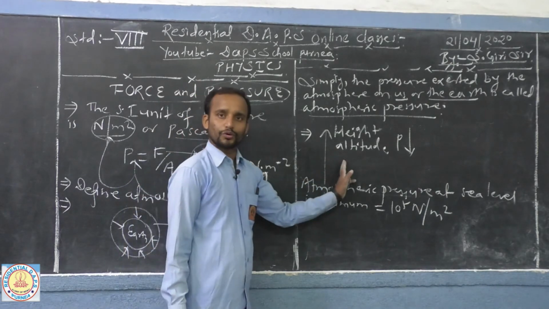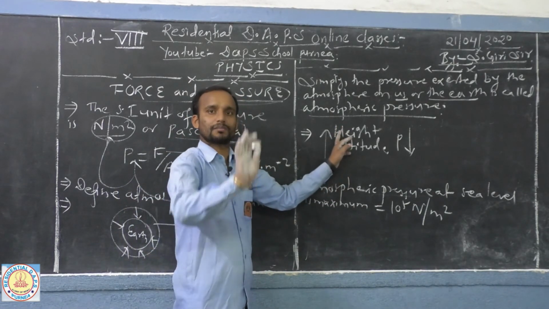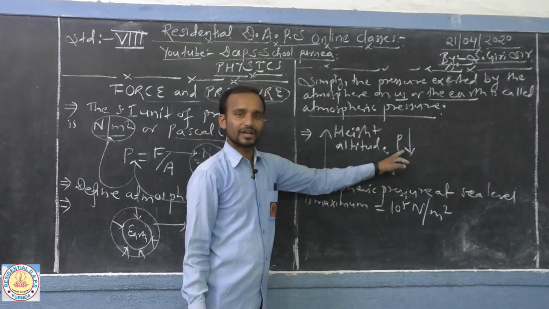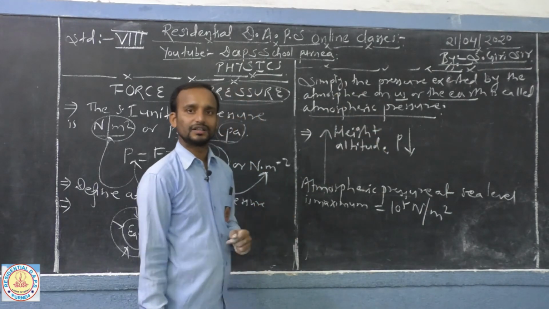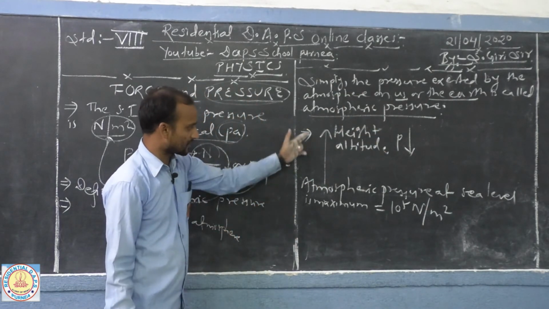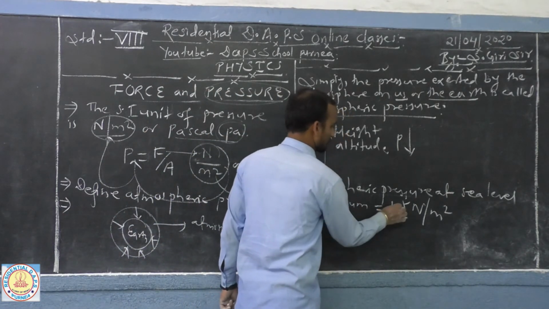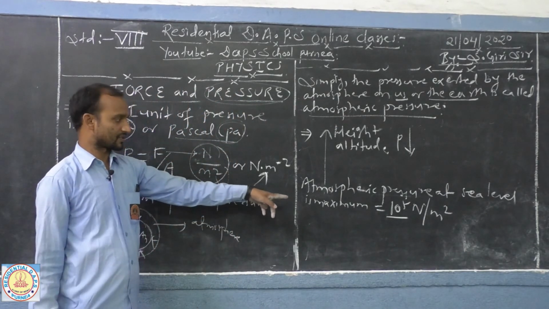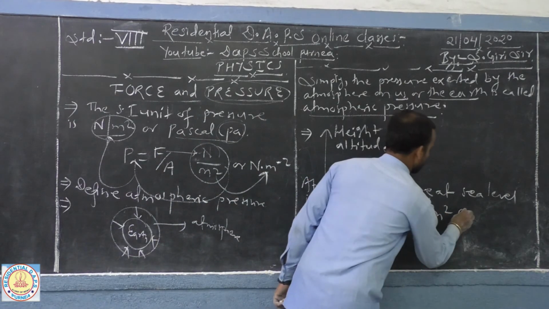When you climb up the hills and mountains, pressure gradually decreases because the atmospheric layer goes on thinning as we move up. But when you come down to sea level, we feel the maximum pressure, 10 to the power 5 Newton per meter square, or you may write Pascal also.